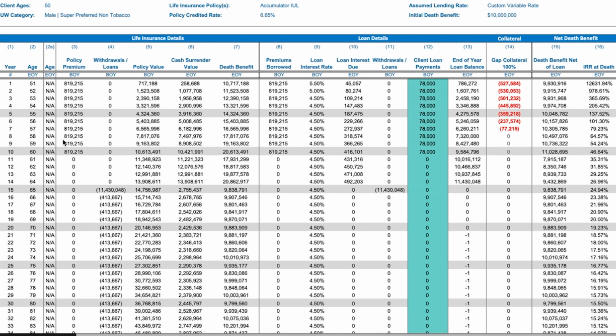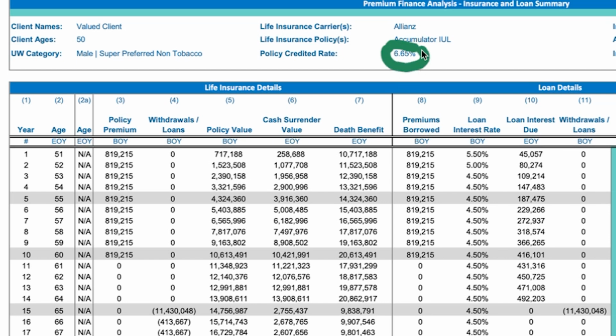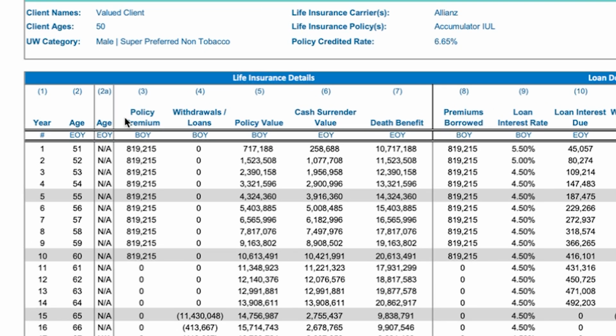Premium financing provides an opportunity to create leverage, as long as we understand leverage. In this particular policy, 6.65% is the illustrated crediting rate, and $819,000 a year is the premium suggested or required by the insurance company to maximize the contributions going into the policy, from a most efficient contract, to create the most cash value with the most potential growth available.